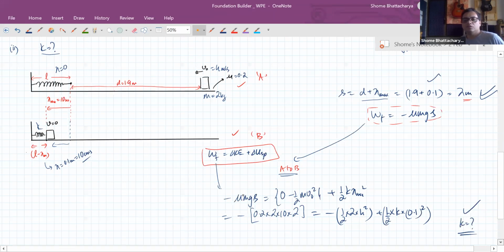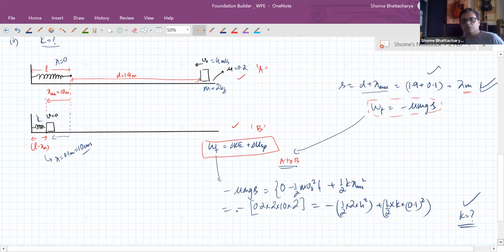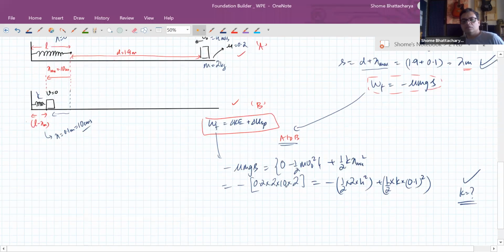Okay. So this side of the equation is becoming minus 8, and this is minus 16 is equal to plus 0.01 by 2. So that is 0.005 K. Okay.